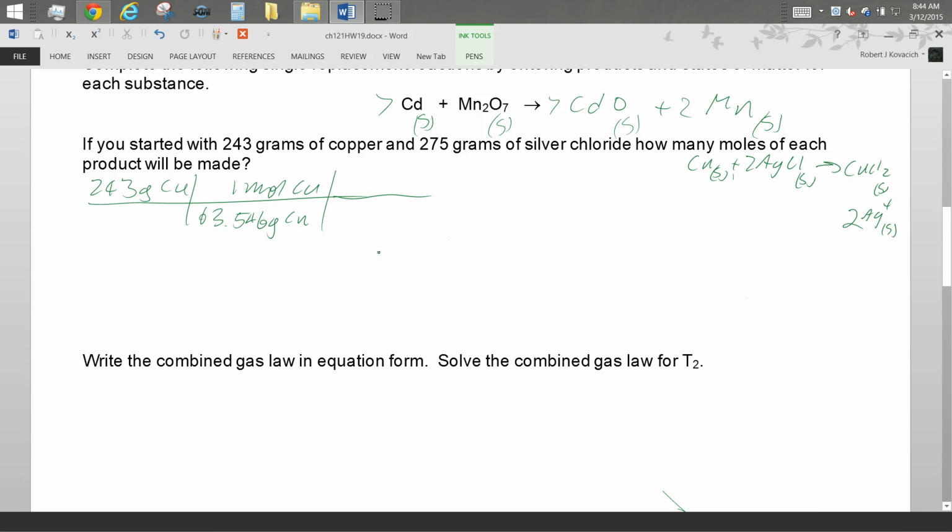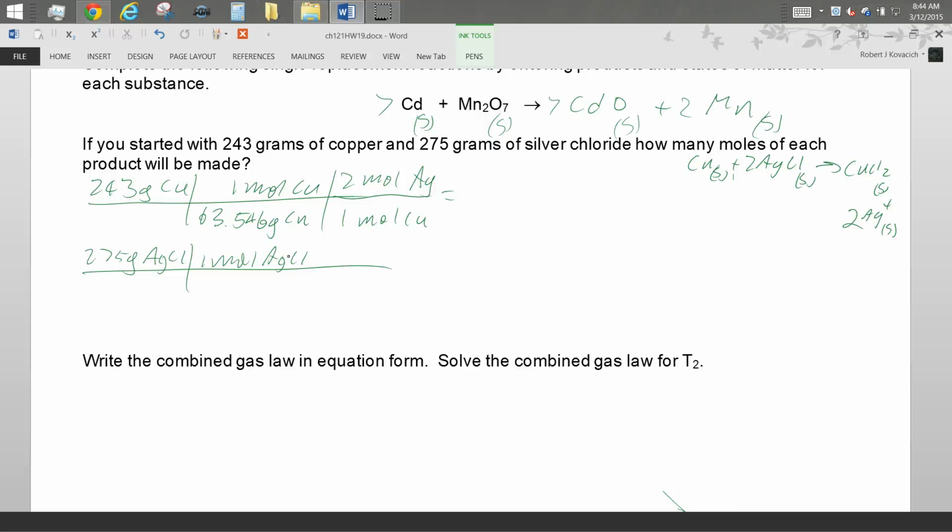So I'm going to go with 1 mole of copper would give us 2 moles of silver. Okay, so then I'm going to do the same thing again with 275 grams of silver chloride. 1 mole silver chloride, 35.453 plus 107.8682.